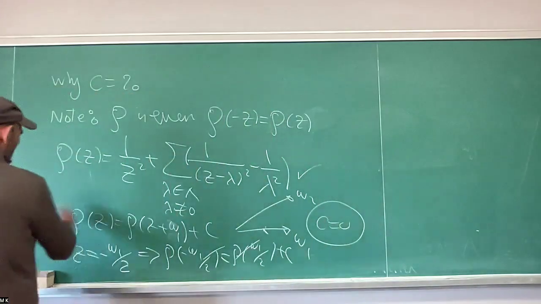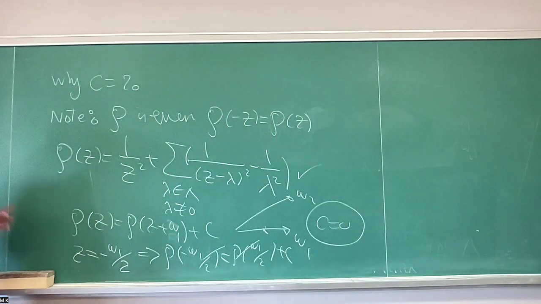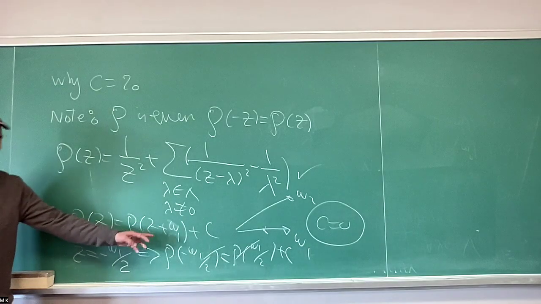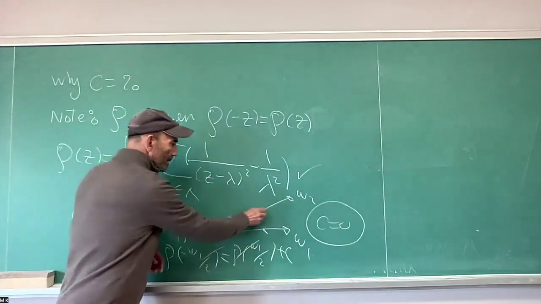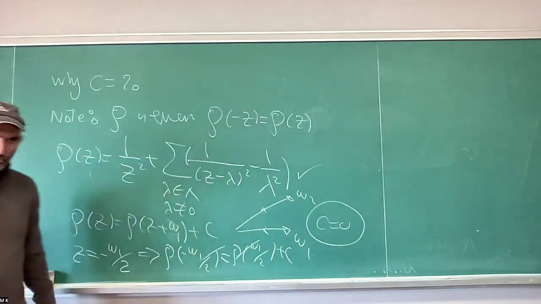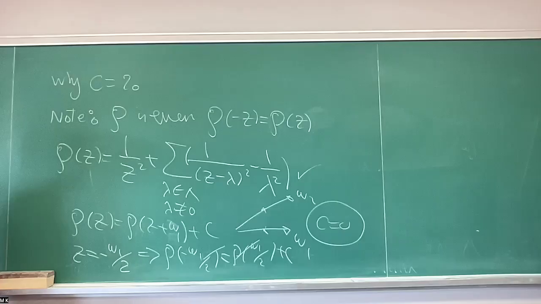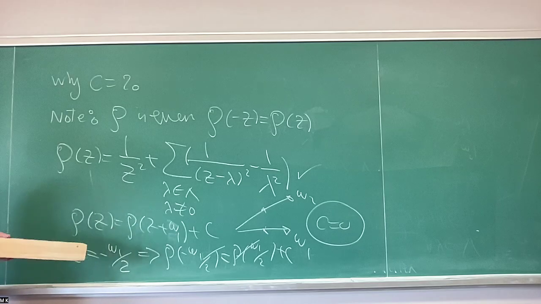So this function, in fact, is a doubly periodic function. I mean, you can change omega 1 to omega 2 and then choose somewhere in the middle, right? Okay. So that's very nice because now we can consider this function actually on the torus, because it's doubly periodic, right?